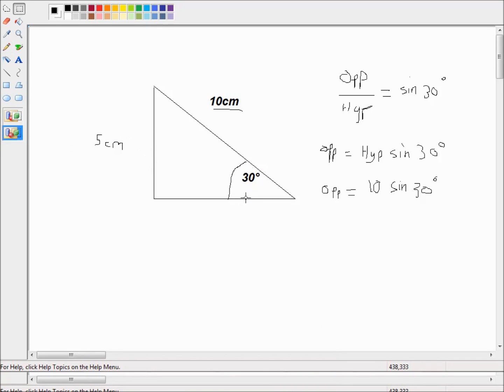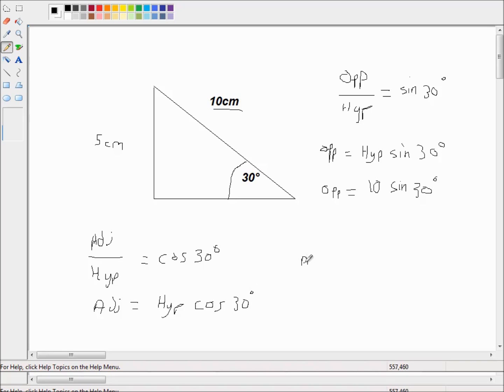Okay, so if we want the other length, this will be the adjacent. We know that the adjacent divided by the hypotenuse is equal to the cosine of 30 degrees, which means the adjacent is equal to the hypotenuse times the cosine of 30 degrees.